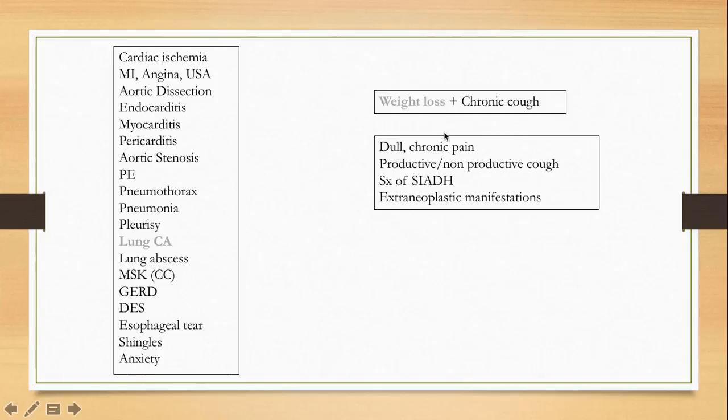Just keep in mind chronic cough, possibly with hemoptysis and weight loss, and if they have chest pain, then definitely lung cancer should be a diagnosis to consider. Now if they have a history of smoking and an older age, then this becomes extremely possible. So remember that older age group, history of smoking and all these things.